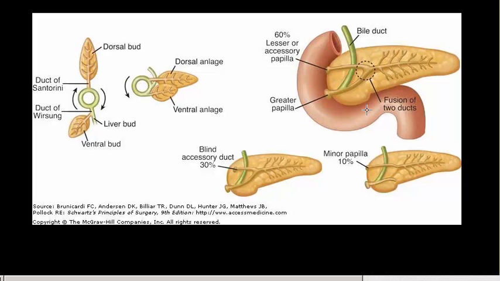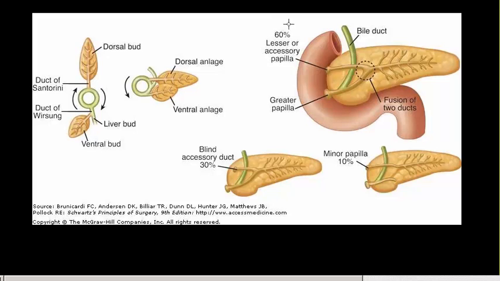So after the fusion of the dorsal and the ventral buds, we will have one pancreas with the Wirsung duct here and the Santorini duct here. Okay, so this is the large one. The main pancreatic duct is the Wirsung duct, and the accessory duct is the so-called Santorini duct.